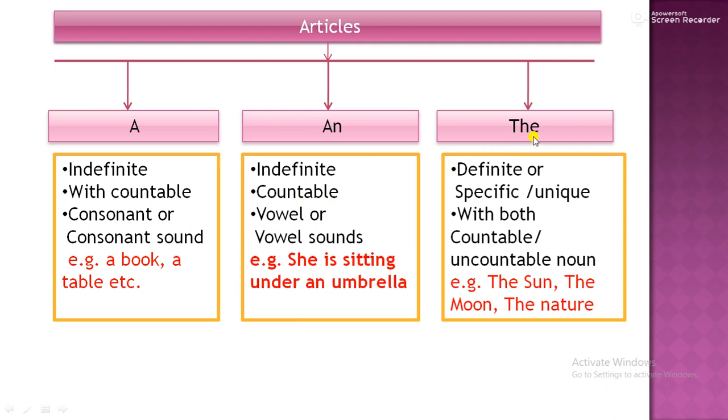Then article the, it is definite article used with specific or unique things or nouns, both countable or uncountable. It doesn't matter whether the noun is countable or uncountable in this case. The sun, the moon, the nature, the youngest, the tallest. These are the examples.